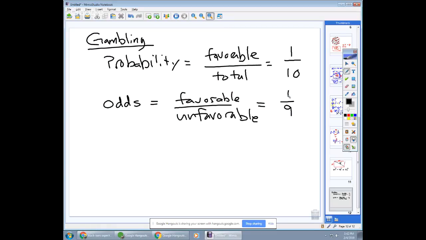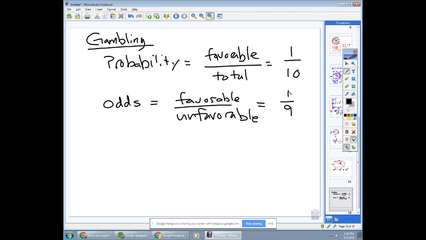For every 1 race it won, it lost 9. Whereas this one says it won 1 out of the 10 races it ran. They're related, but a little bit different. So if I were to bet money on this horse, I would expect for every $1 I bet, I would win $9. And that's usually the way the payout goes.